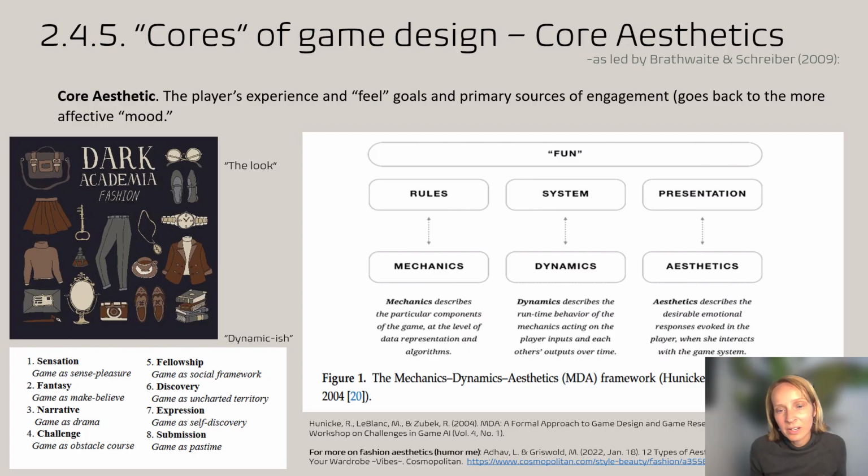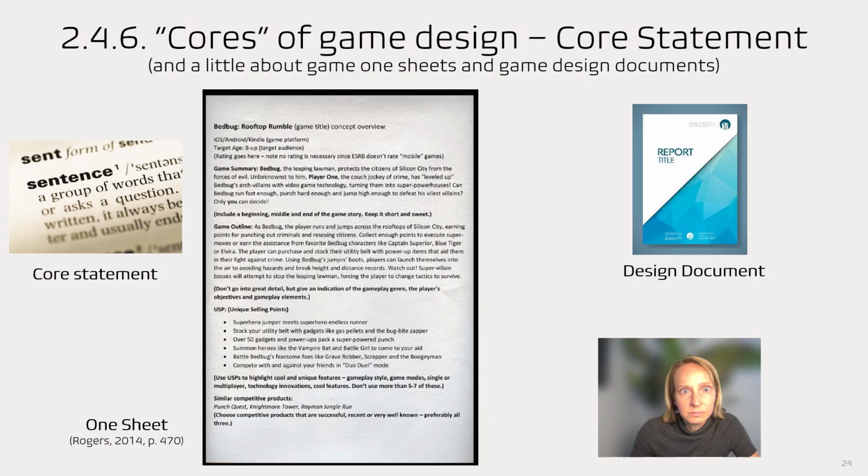I think those are very vague, and we've gone a lot further than those original eight types of aesthetics, but you can see they're different from fashion aesthetics. So the idea, and we'll talk about it next week, is that aesthetics have to do with the way the desirable emotional response is invoked in a player when they interact with the game system.